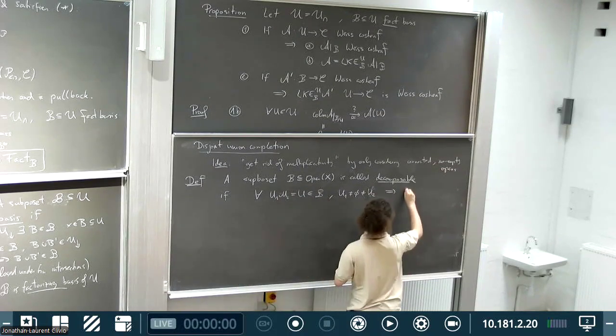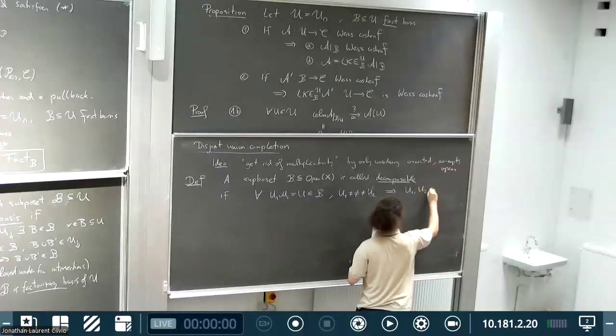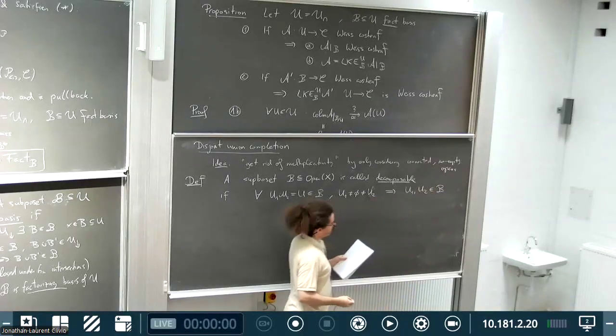So this just says that U1 and U2 are then both already contained in D.